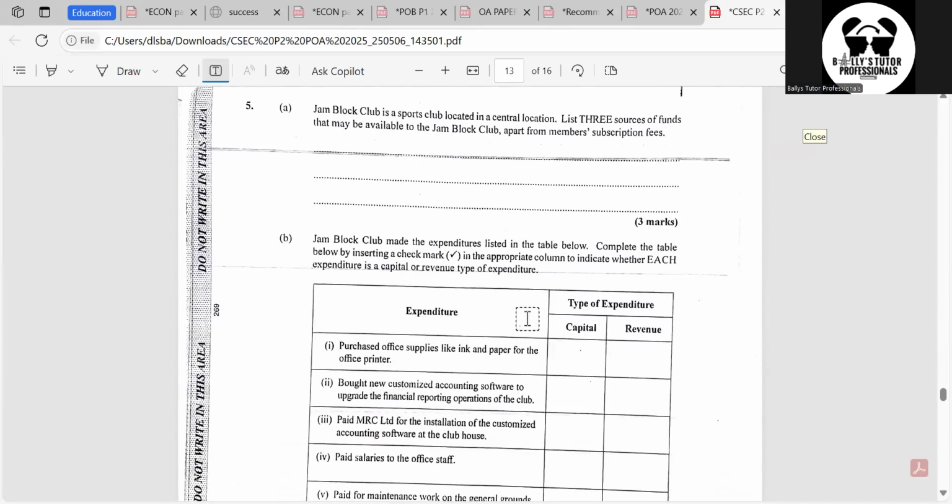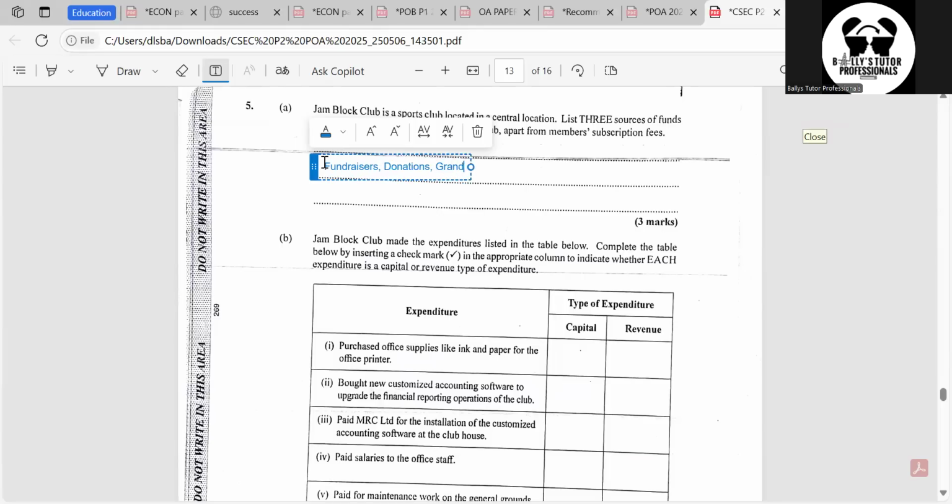They said, Jam Block Club is a sports club located in a central location. List 3 sources of funds that may be available to the Jam Block Club apart from member subscriptions, right? So they could do fundraisers. Non-profit organizations do a lot of fundraisers. They might even get donations.